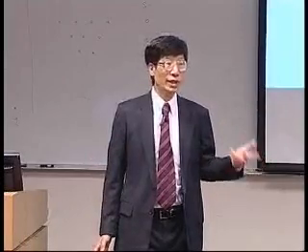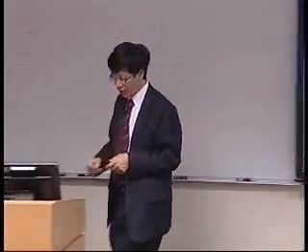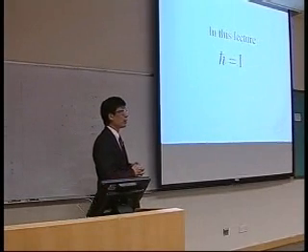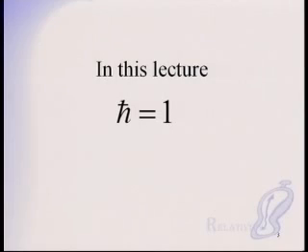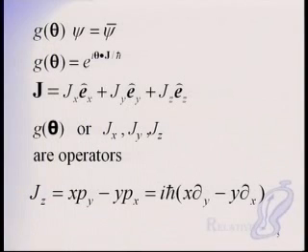Given a continuous group, a Lie group, how do you characterize all possible irreducible representations? And I will spend a little bit of time on the smallest representation, which you will know, and then say a few words about other representations. Okay. And in this lecture, for the most part, I will use h bar equal to 1, just to save some writing. All right? So let me start with the idea of representations.